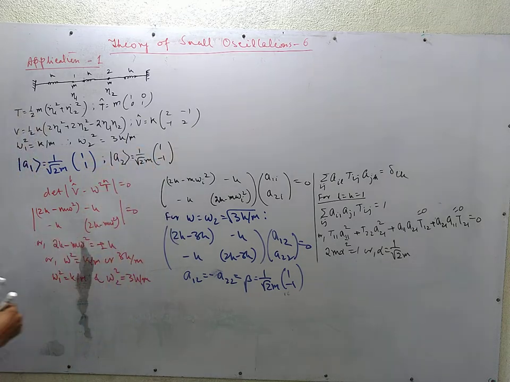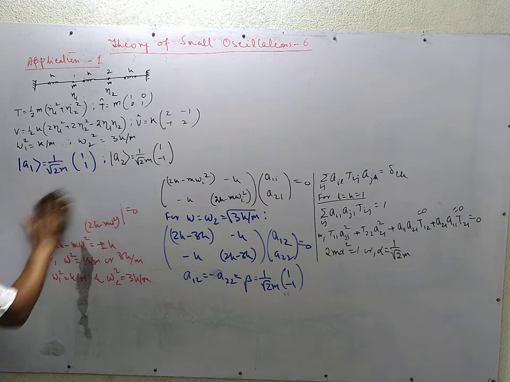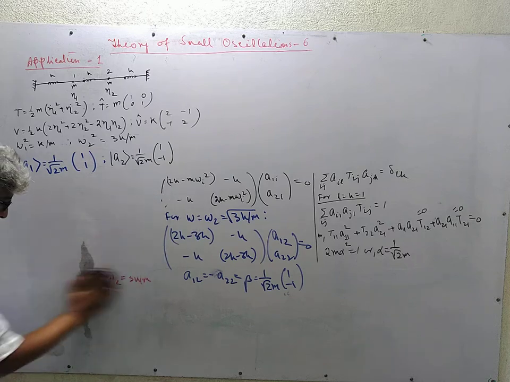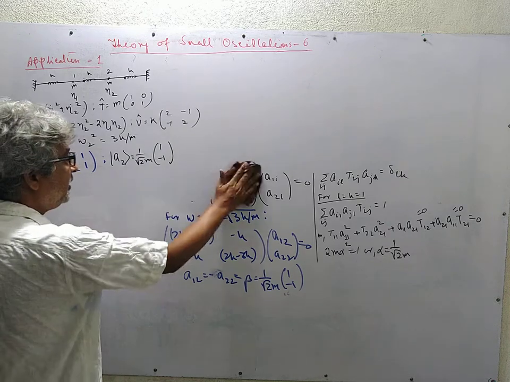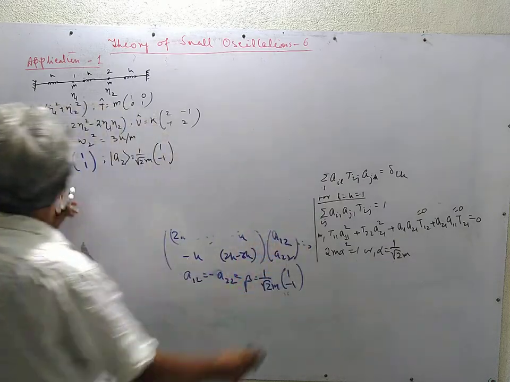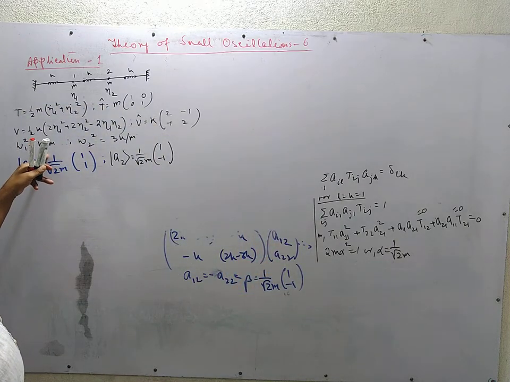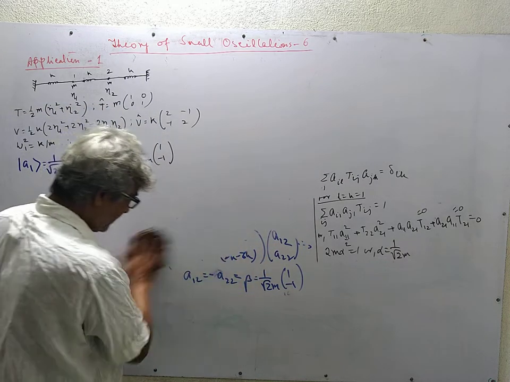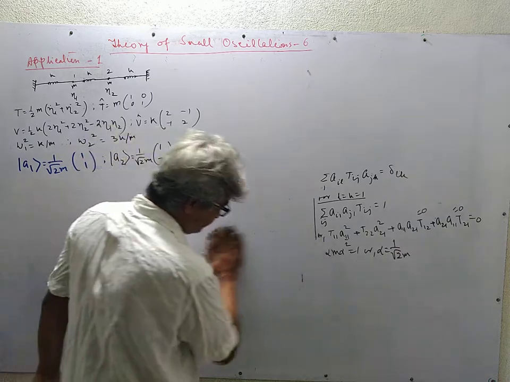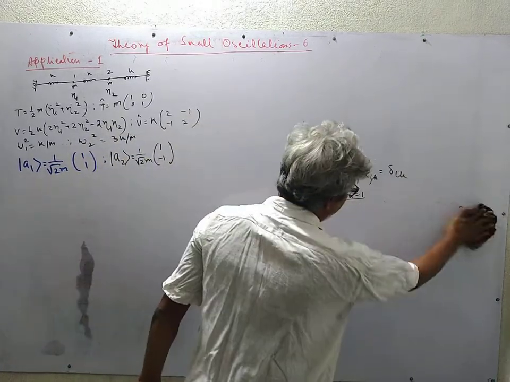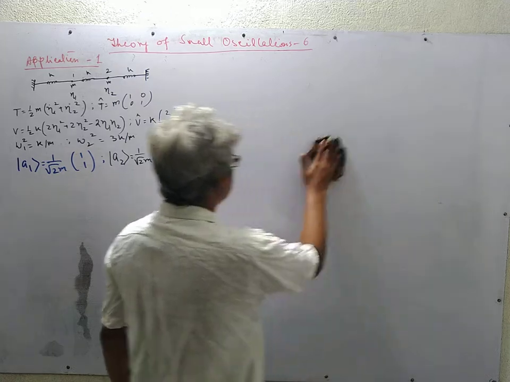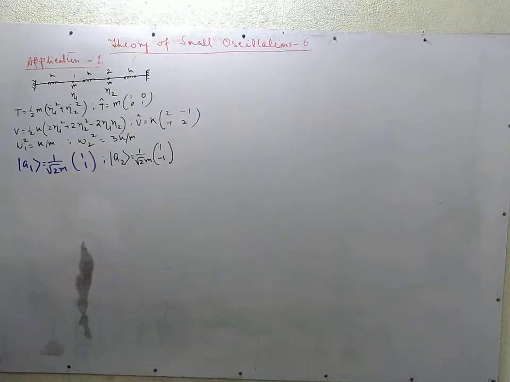Before going further, I like to interpret these two eigenvectors. First thing is, if we put a minus sign before this, nothing changes, because this is just a phase factor which cannot be determined from this.